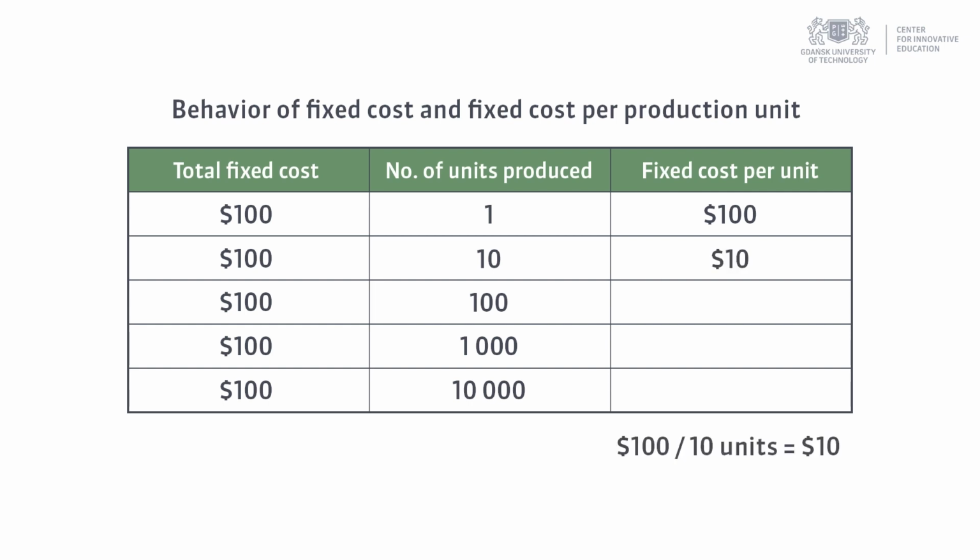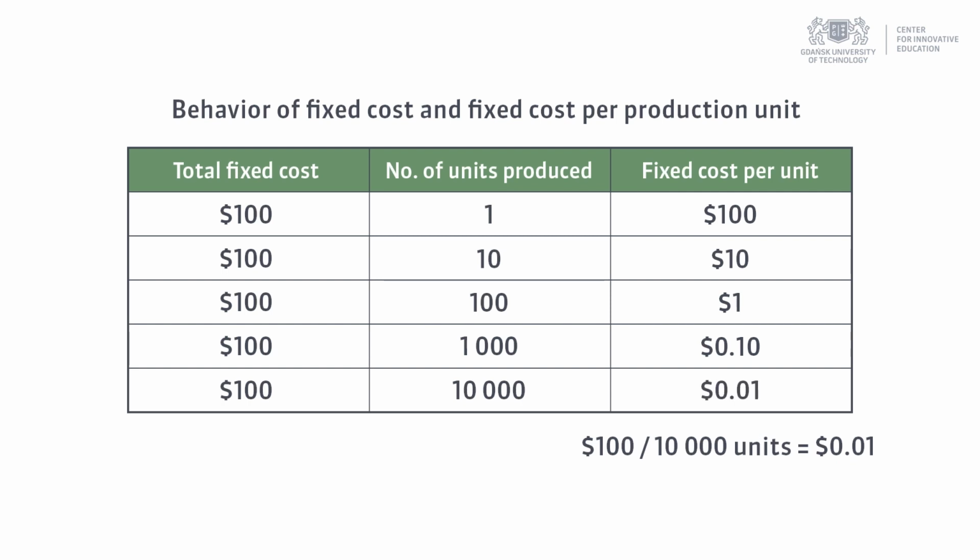When the company produces 10 units, fixed cost for each of 10 units is $10. If the company produces 100 units, then the fixed cost for each of 100 units is $1. And when 1,000 units are produced, the fixed cost for each of the 1,000 units is 10 cents.